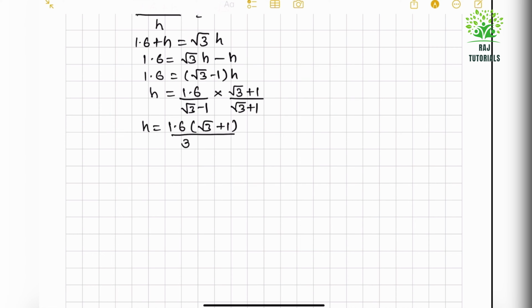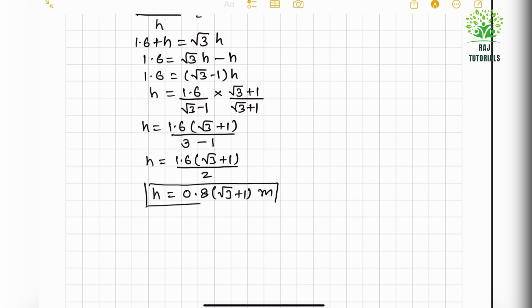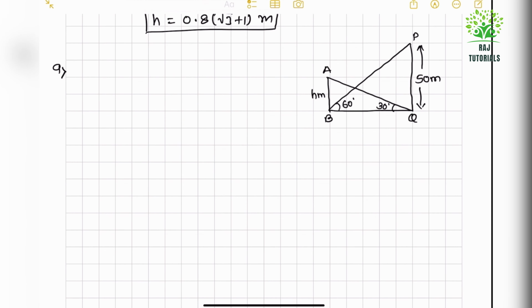I am getting h equal to 1.6 into (root 3 plus 1) upon root 3 square minus 1 square, that is 3 minus 1. So h comes to 1.6 into (root 3 plus 1) upon 2.